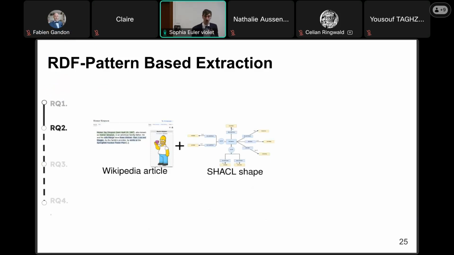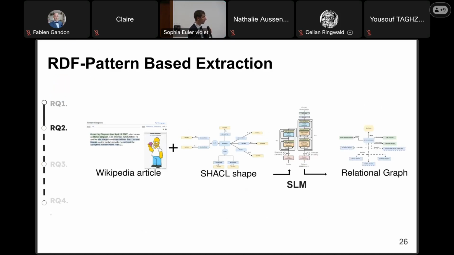This SHACL shape also details which properties are mandatory or optional. In this context, we also propose to use small language models that could fit really knowledge-intensive contexts. And these kinds of models will be fine-tuned, so adapted, to produce a relational graph.